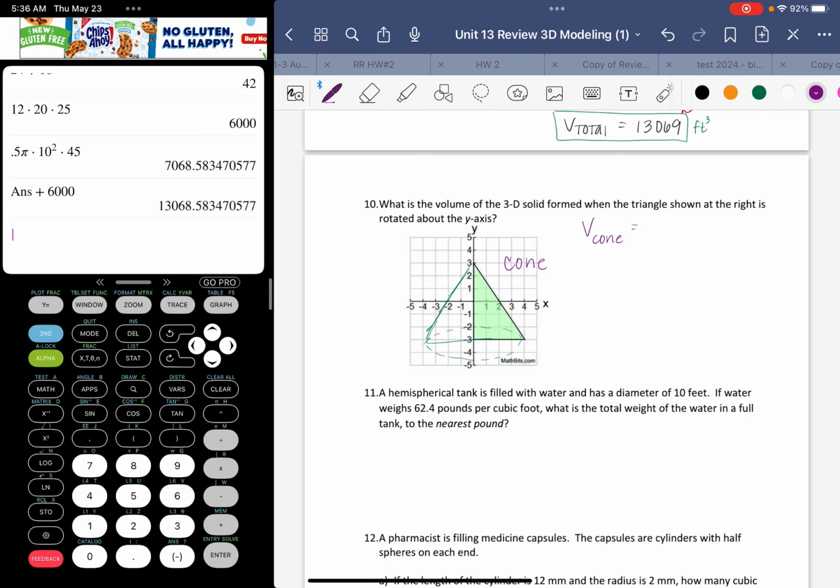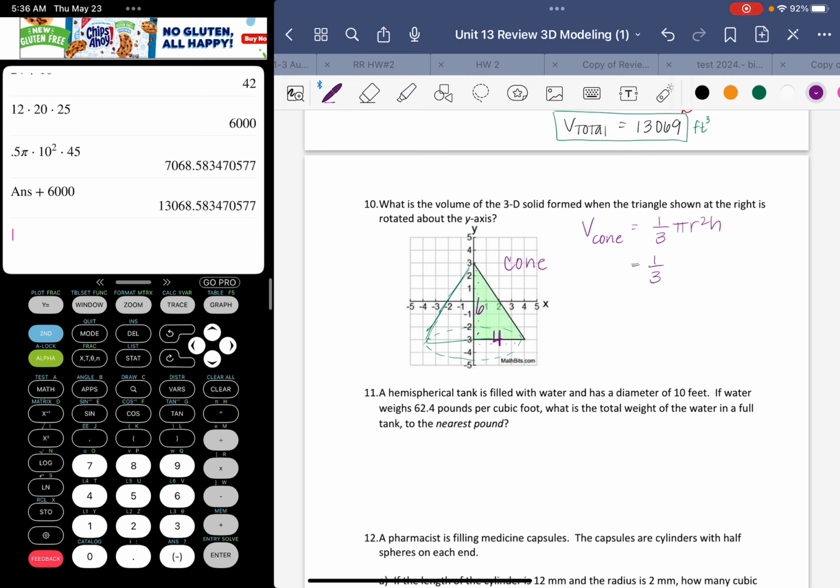Remember, don't forget to look at that reference sheet because the formula is there for you. 1/3 pi r squared h. Now the radius of this cone would be 1, 2, 3, 4. And the height of this cone, 1, 2, 3, 4, 5, 6.